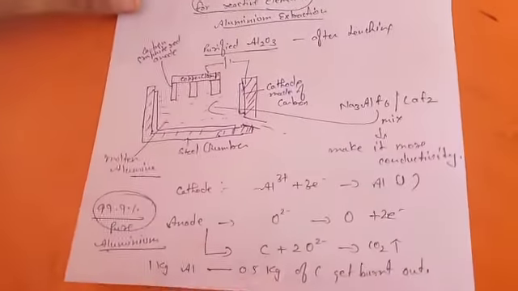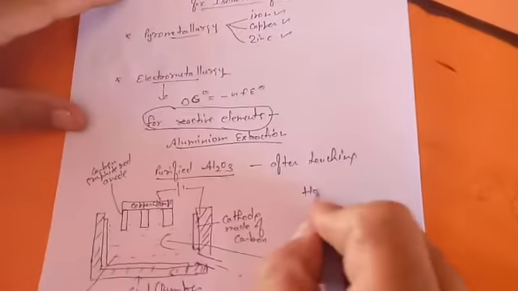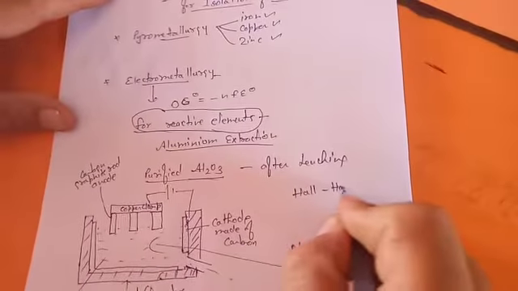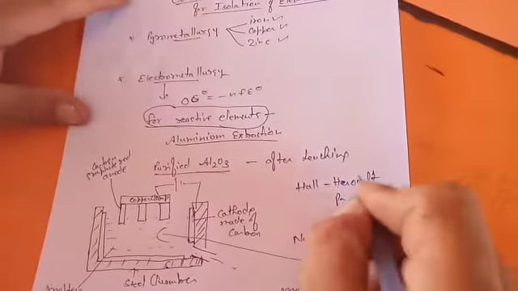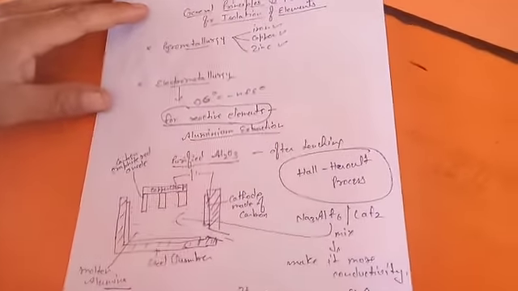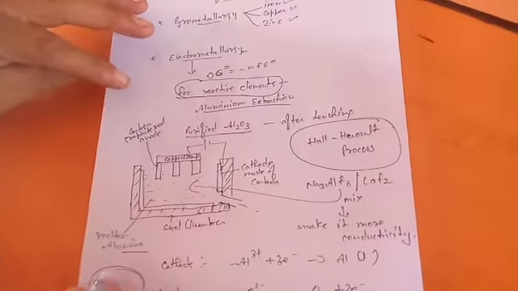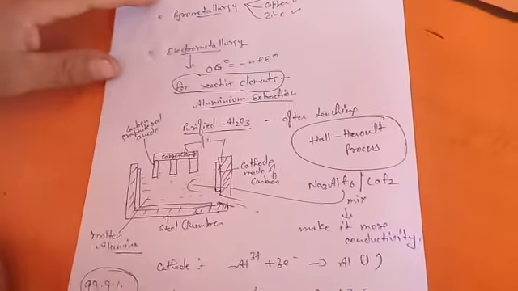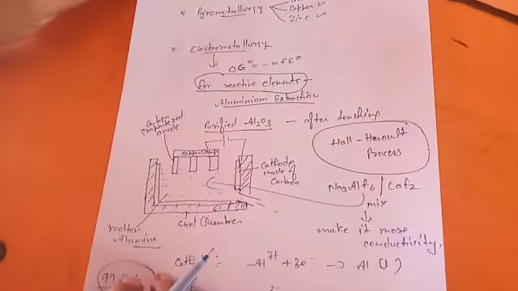This whole process of extracting aluminium with this setup is known as the Hall-Héroult process. So in electrometallurgy, the first thing you will explain is the extraction of aluminium by the Hall-Héroult process.